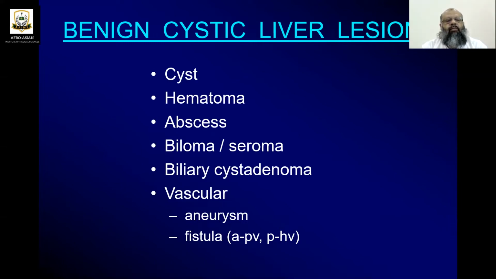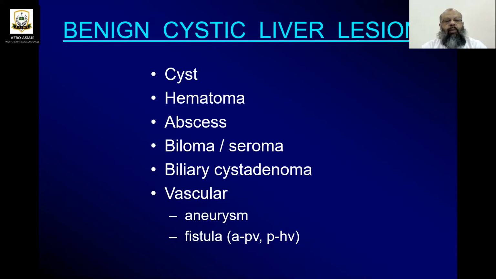Then is hematoma, due to bleed if there is accumulation of blood. The appearance of hematoma depends upon the age of hematoma from the time of bleed. Then is abscess.